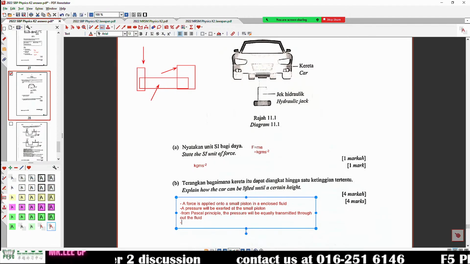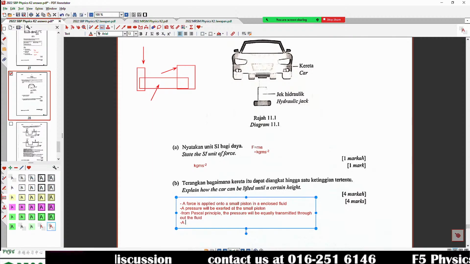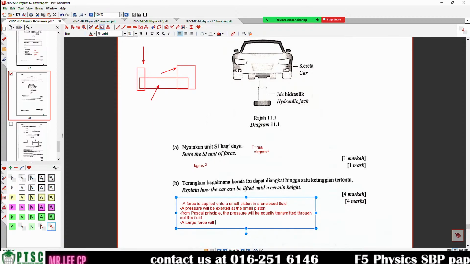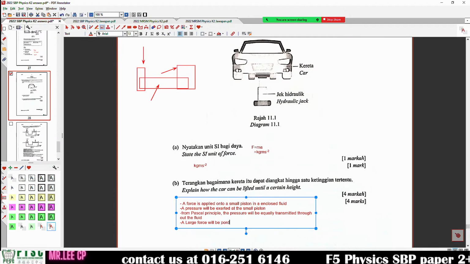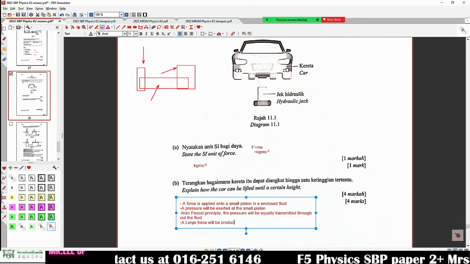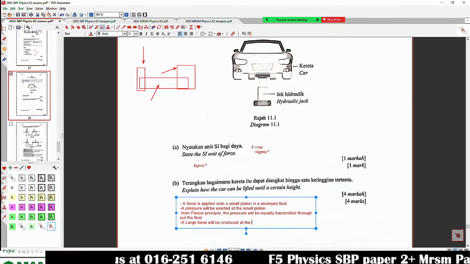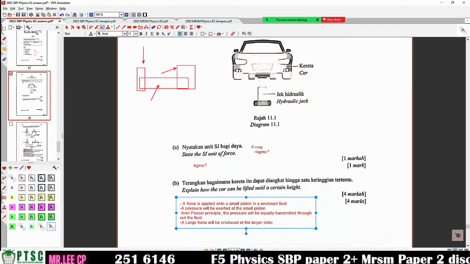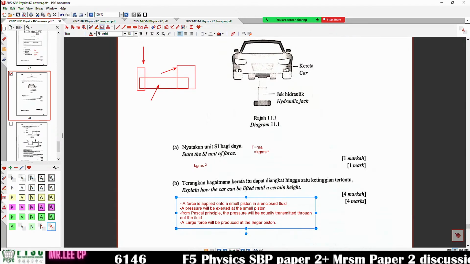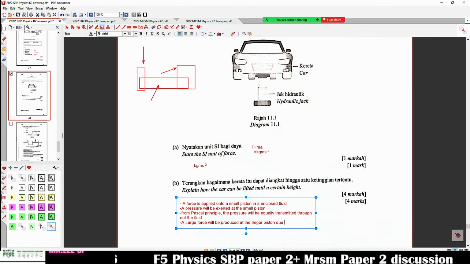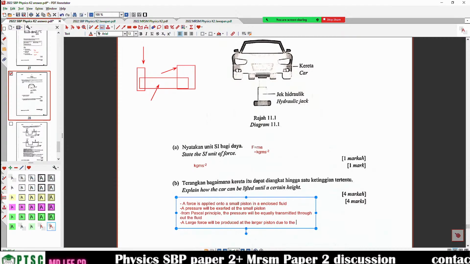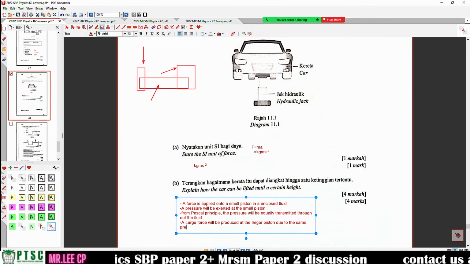And then lastly, a large force will be produced at the larger piston due to the same pressure.